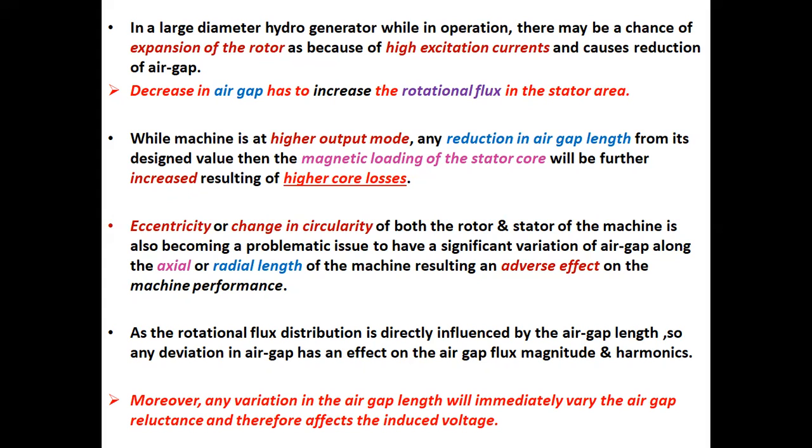As the rotational flux distribution is directly influenced by the air gap length, any deviation in air gap has an effect on the air gap flux magnitude and harmonics. Moreover, any variation in the air gap length will immediately vary the air gap reluctance and therefore affect the induced voltage.